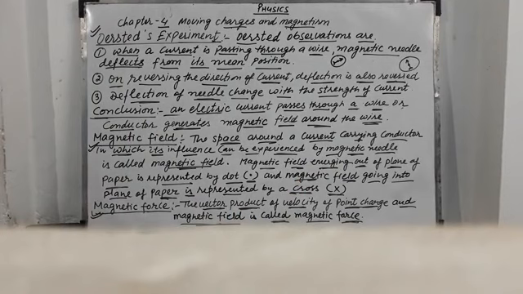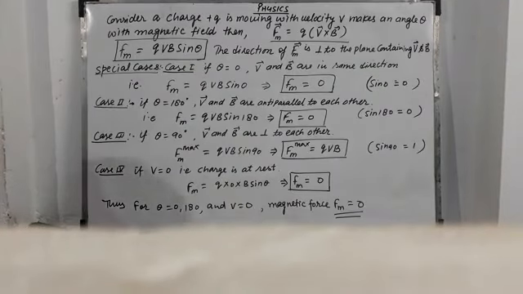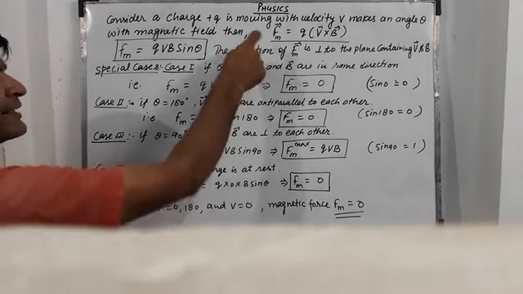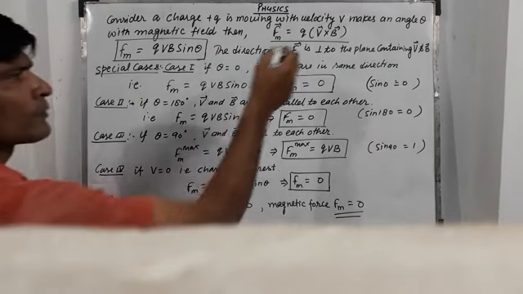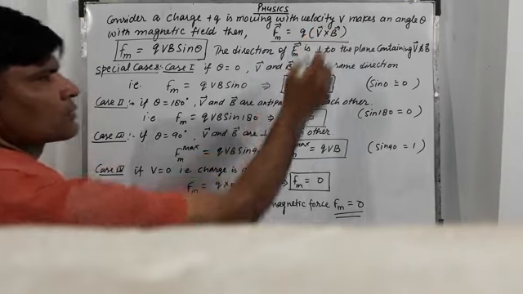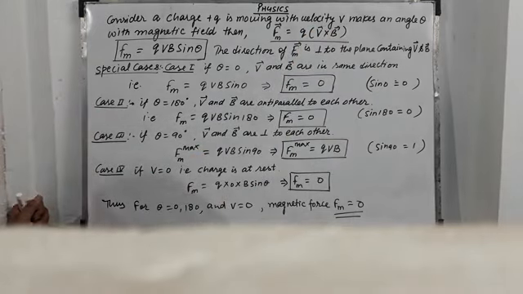As in the first slide, the magnetic force is the vector product of velocity and magnetic field.